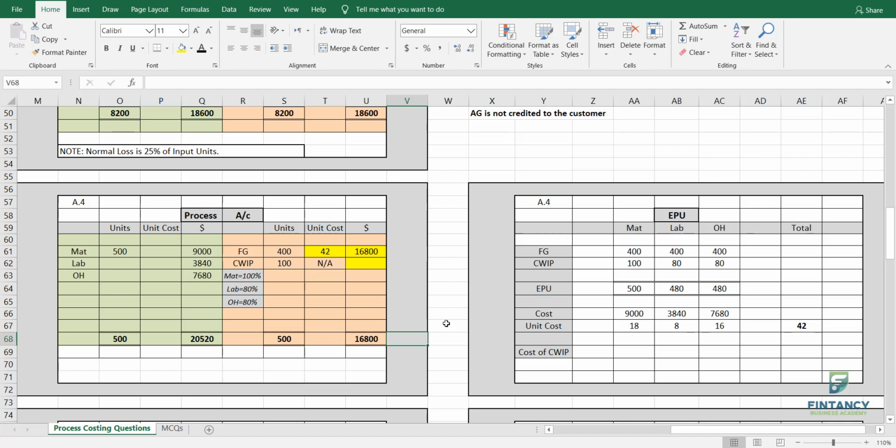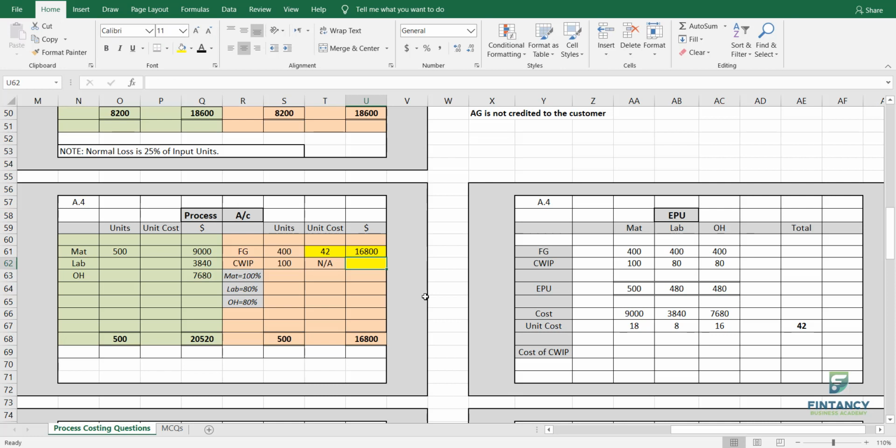So now see, there is a difference. If you see, this 16,800 is not matching with this 2520. It means what? There is some amount to be written here, right or not? This is the balancing figure. Let us see this balancing figure. Okay, this minus this, if I do, there are two formulas anyways.